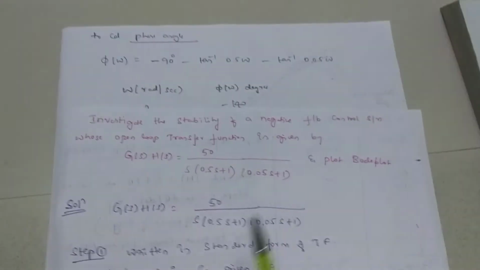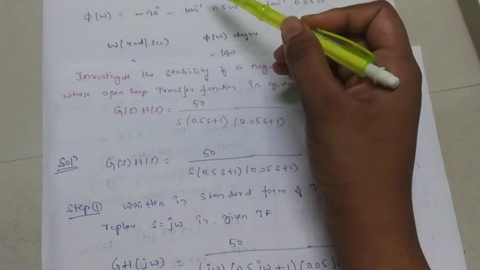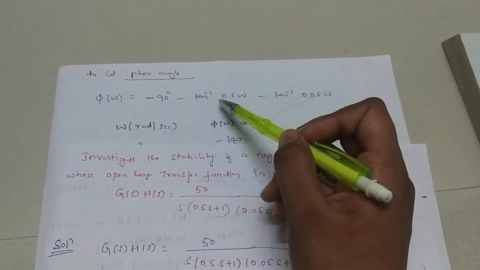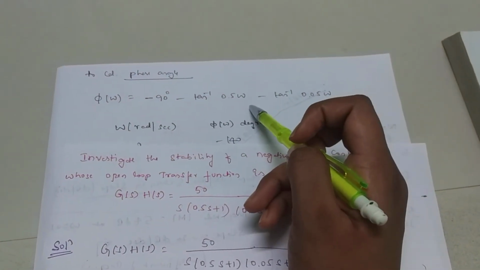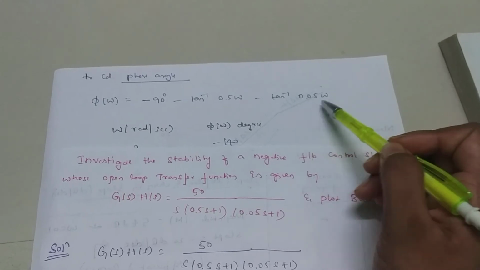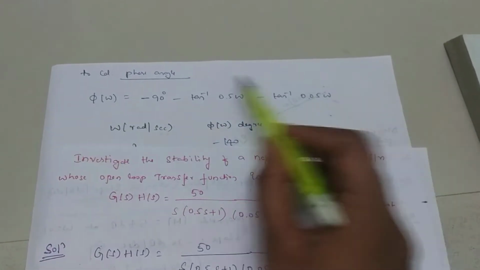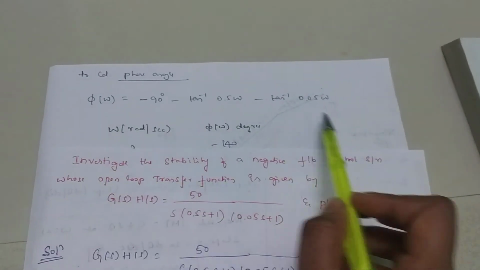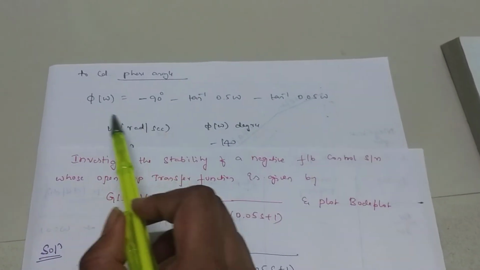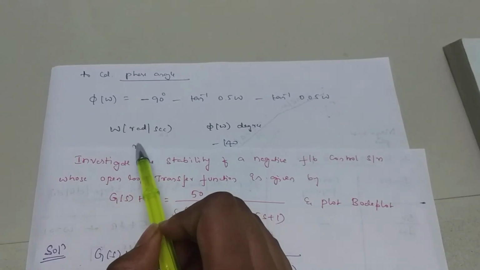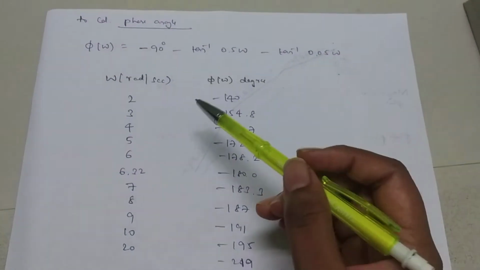So for 50 by j omega, the phase angle is minus 90 degree minus tan inverse of 0.5 omega minus tan inverse of 0.05 omega. So this is the given phase angle expression. With this we find the angle using the omega values.